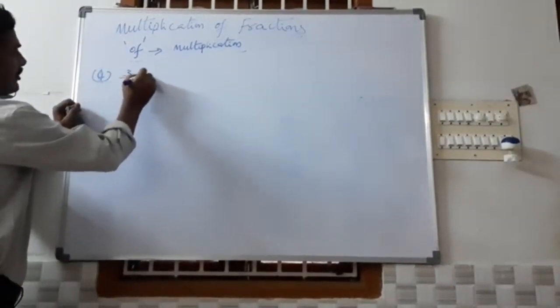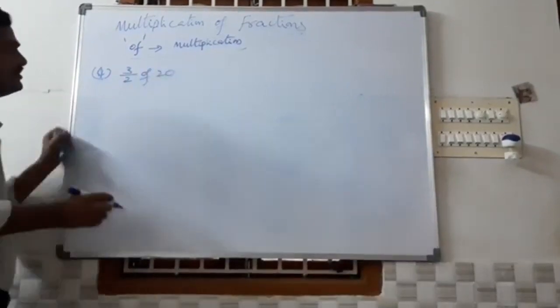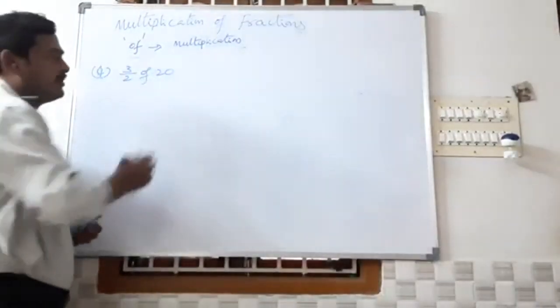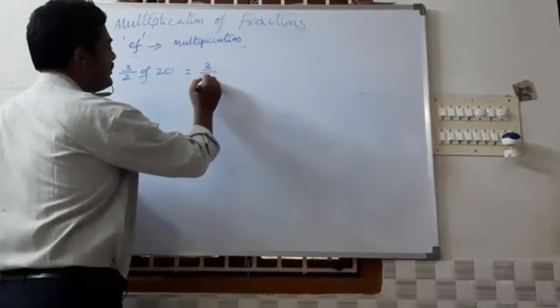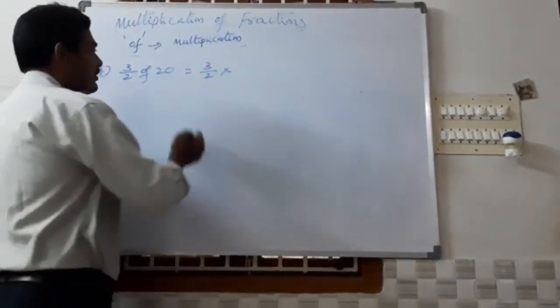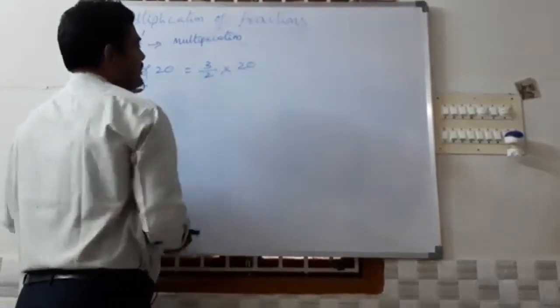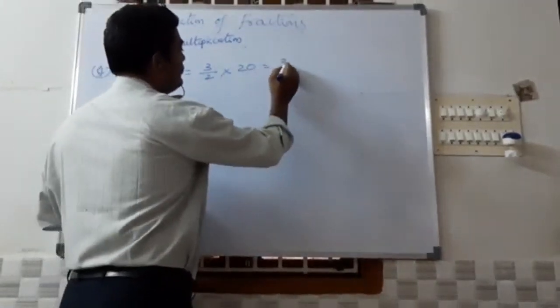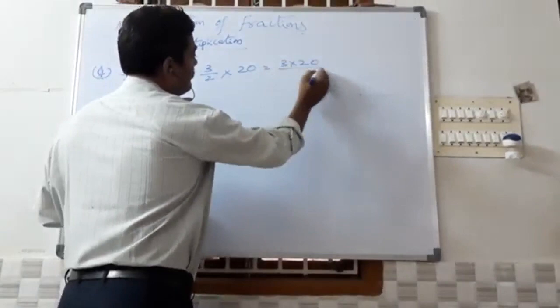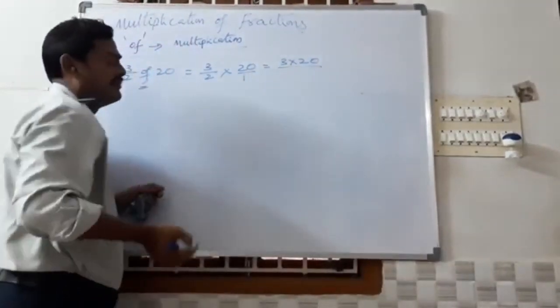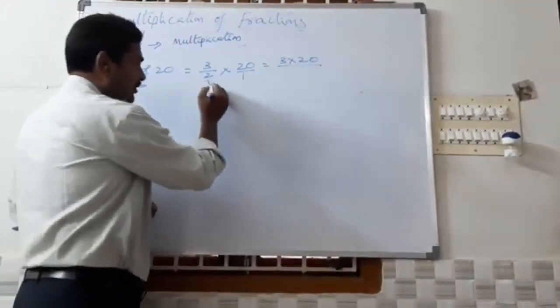3 by 2 of 20. Now 3 by 2, "of" stands for multiplication, with 20. That means 3 into 20 by the denominator; no denominator means we can take it as 1.